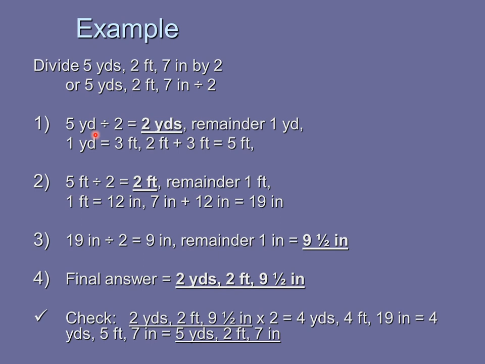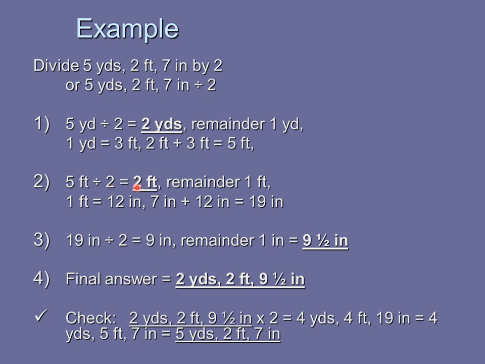So what we did is, we divided 5 yard by 2, we got 2 yard, and the remainder, which is 1 yard, we converted into feet. Now you see, you had 2 feet and you got 3 feet here. You added the total feet to get 5 feet. Now you divide 5 feet by 2 again.